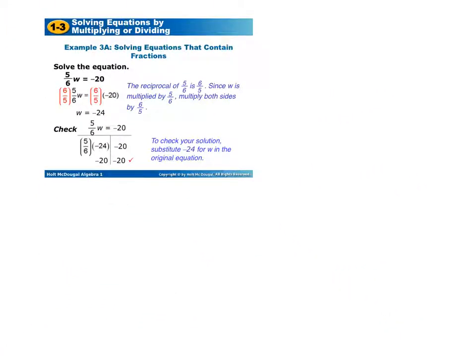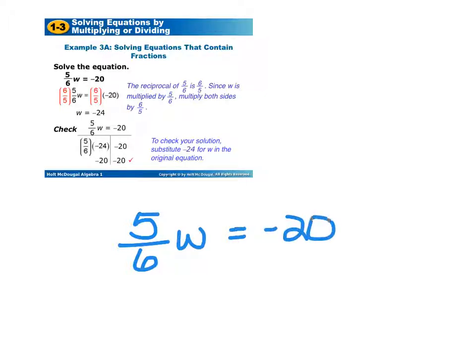All right, so we have our fraction next to our letter, our equal sign, and then the answer. So right now, this is a multiplication equation, and I need to use division to solve. So technically, I could show that I'm dividing both sides by 5/6.